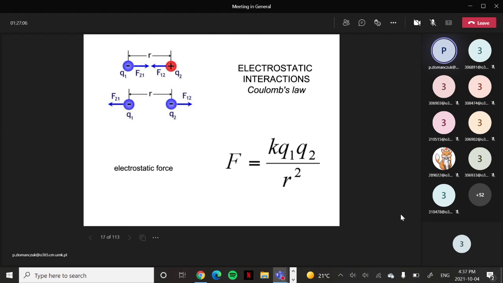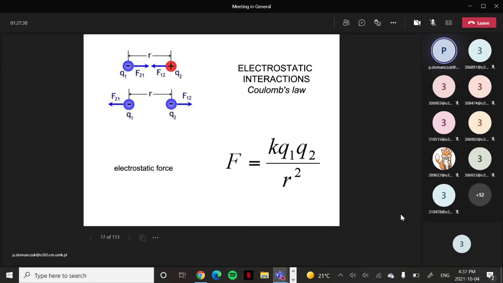Again, two rules which are important for us. First is the rule that says that charges of the same sign push each other apart. And if you have two different signs of charges, so minus and plus, these two different charges will pull each other towards themselves.